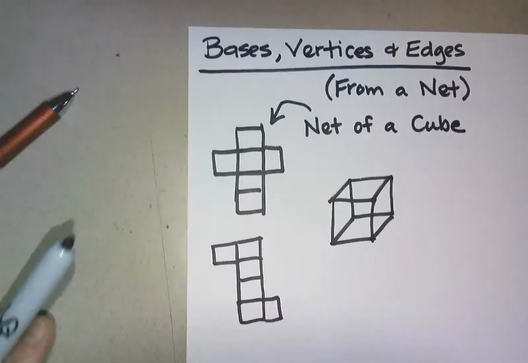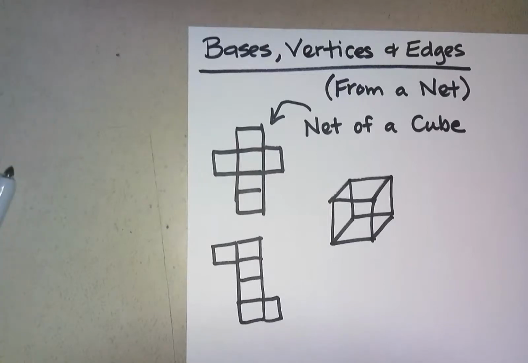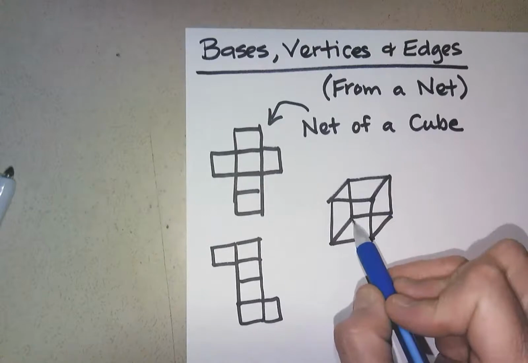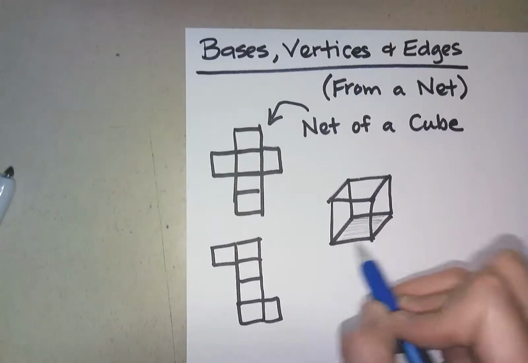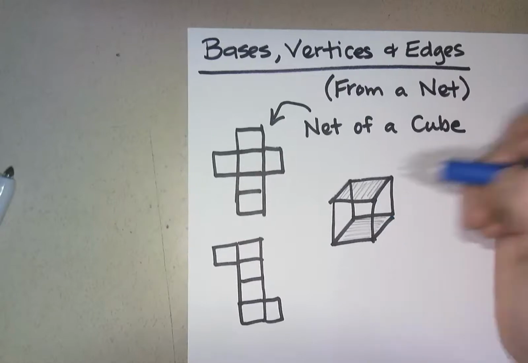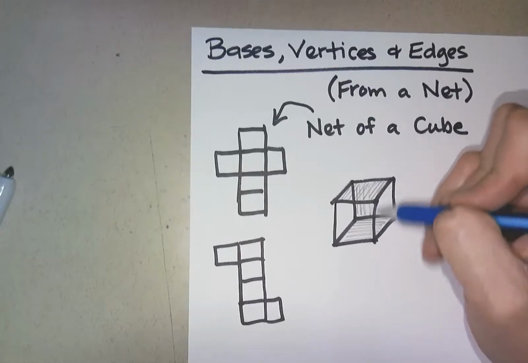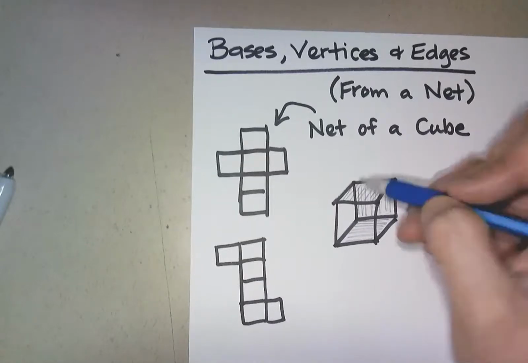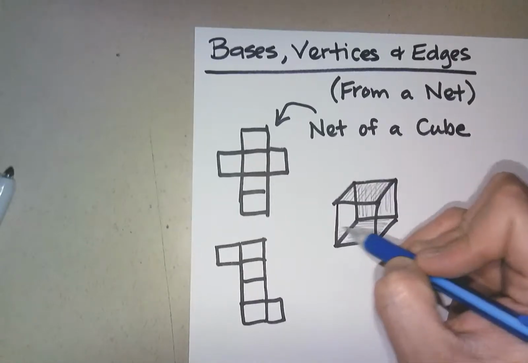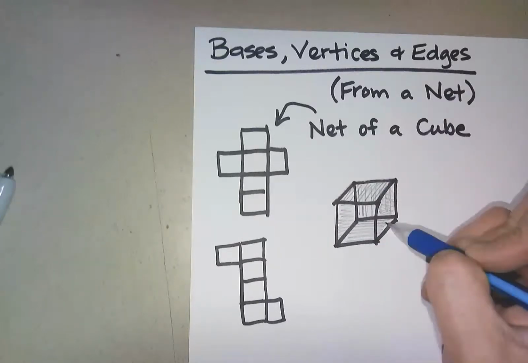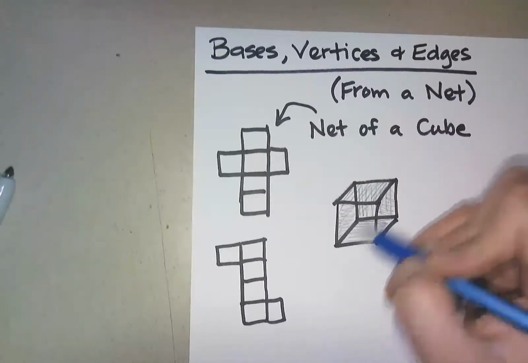So again, I would have my bottom, 1, have my top, 2, have my back, 3. Okay, and then I'm going to go to 4, 5, 6.